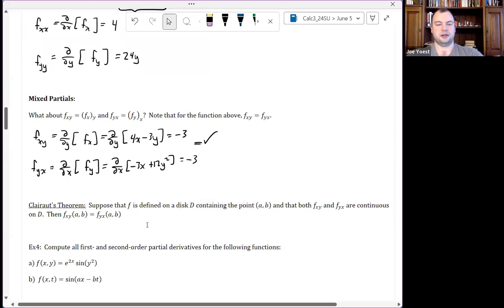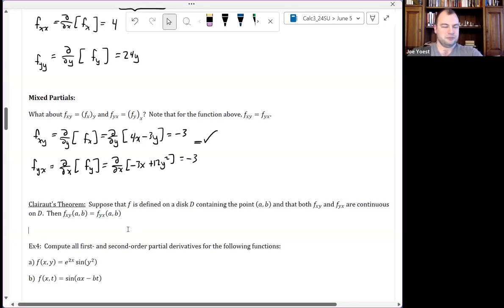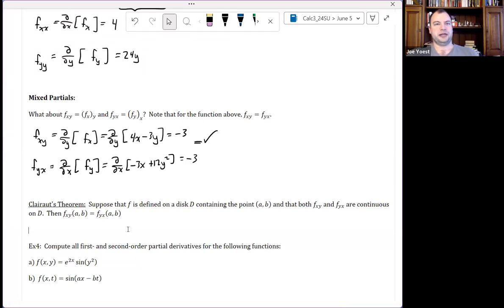If that's true, then they're equal at that point. But for practical purposes, most functions you're going to come across, say, in a physics class or even in this class for the most part, the mixed partials are typically going to be equal. We're typically working with polynomials or exponentials or trig functions that are very nicely behaved.